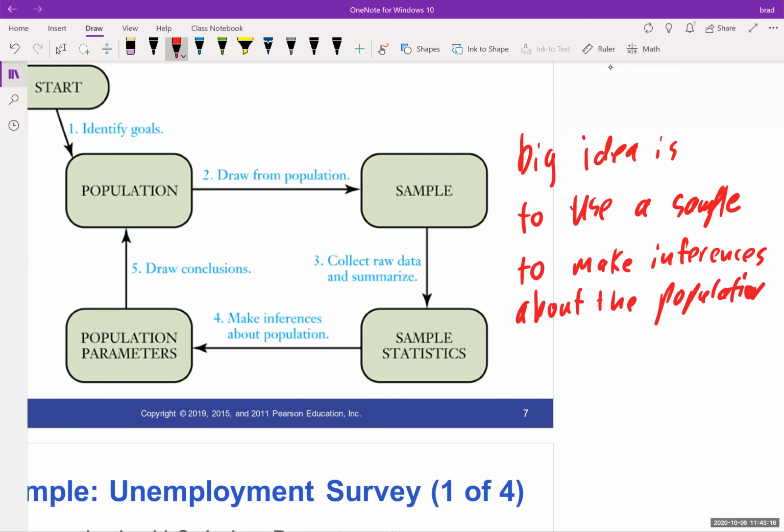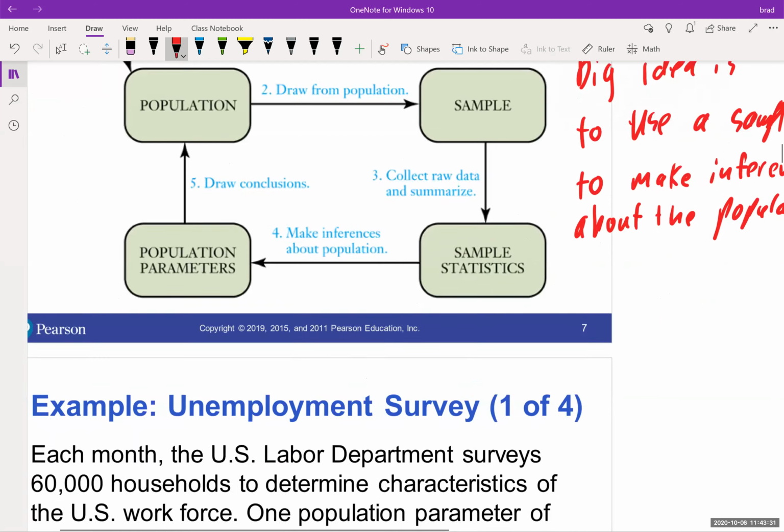That's the big idea behind it: you want to be able to talk about the population, but it's too big, so you use a sample to talk about it. And then there's a lot of math behind it. We're not going to go so much into the math part. We're going to go more into the definitions and the terminology and the ideas behind it, okay?